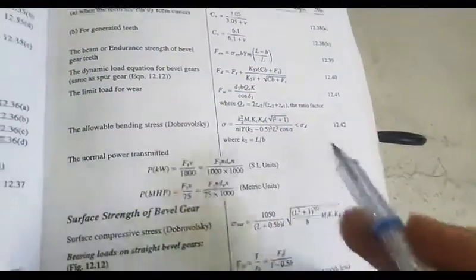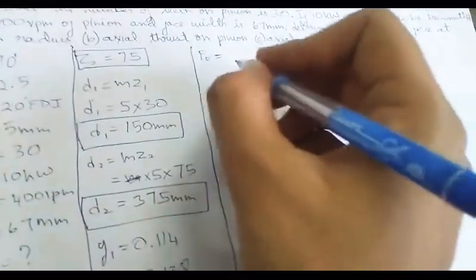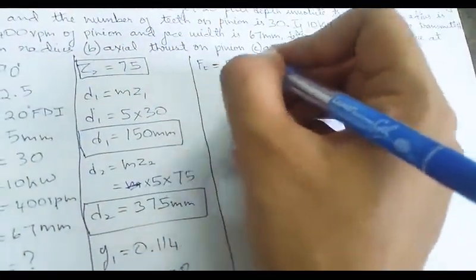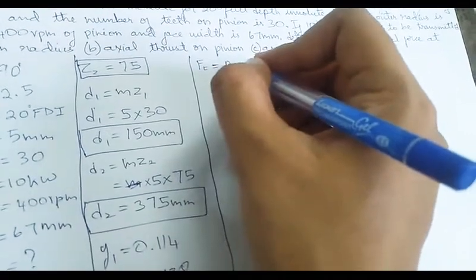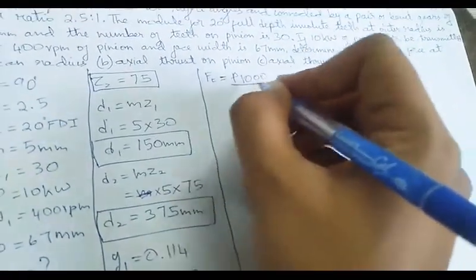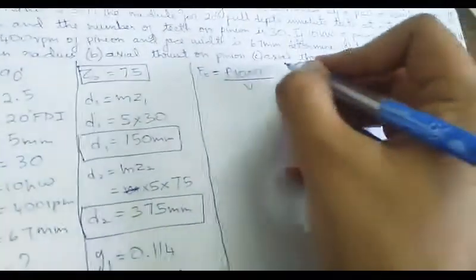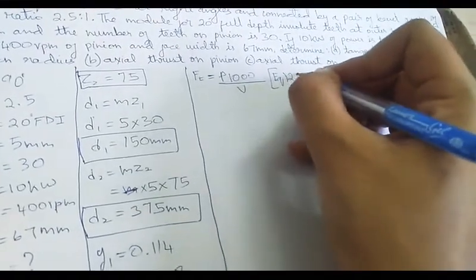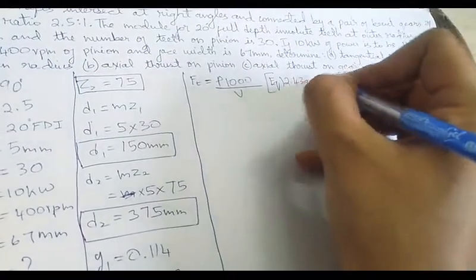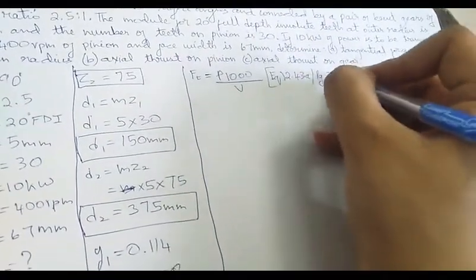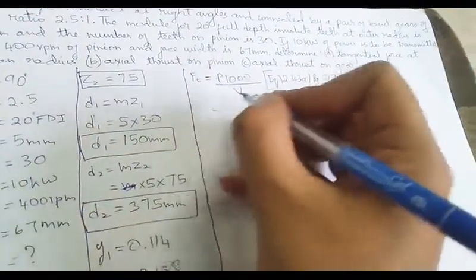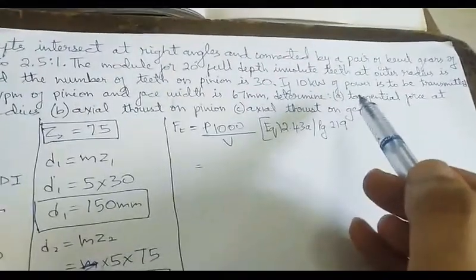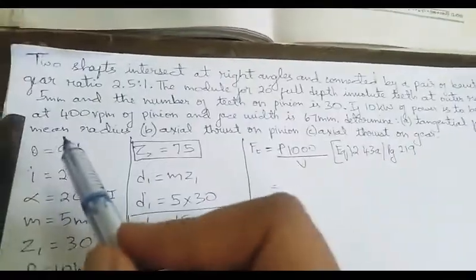So we shall take equation 12.43a, page number 219. In this question they have asked us to find the tangential force at mean radius.